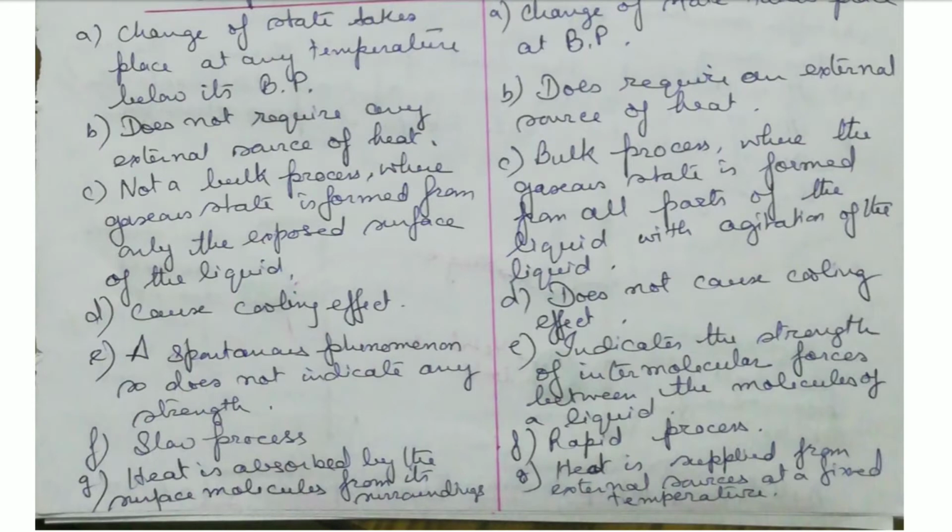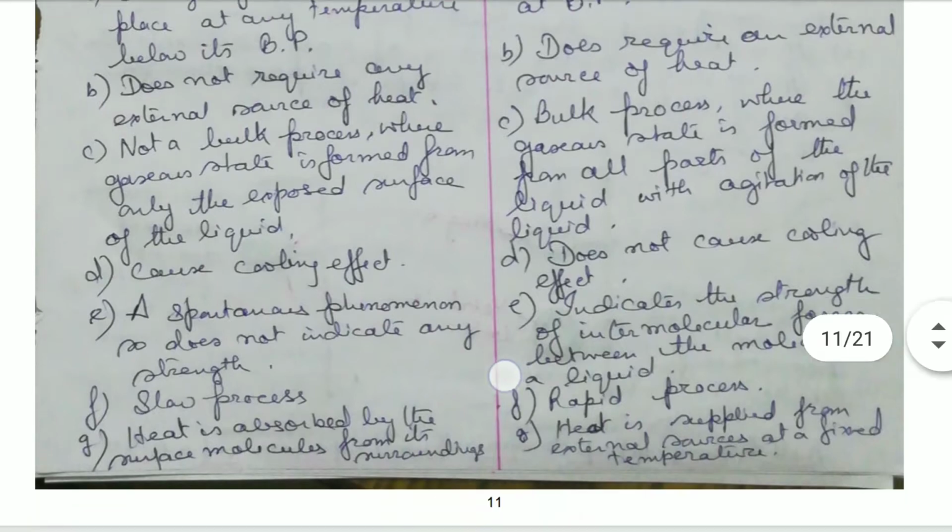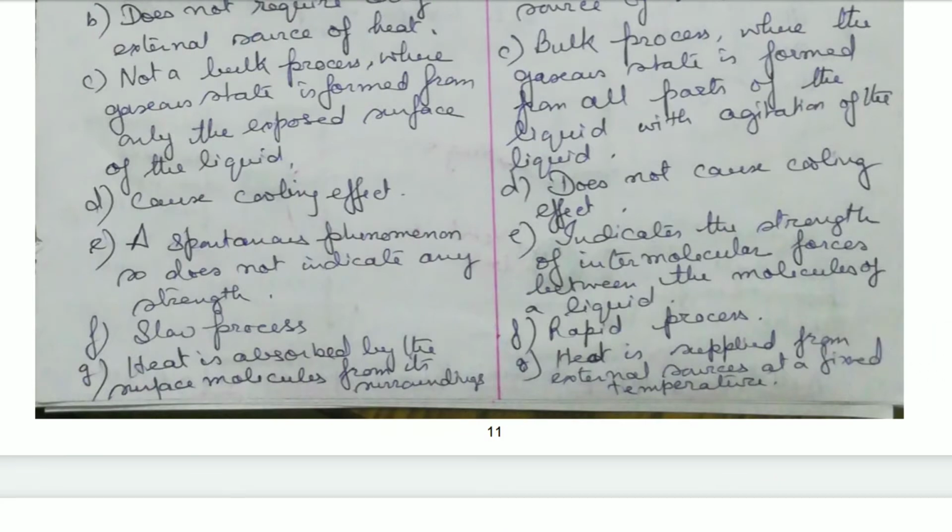Evaporation is a spontaneous phenomenon, so it does not indicate any strength, whereas the boiling process indicates the strength of the intermolecular force between the molecules of the liquid. In boiling, the kinetic energy of the molecules increases, which reduces the intermolecular forces, and so the intermolecular space increases.